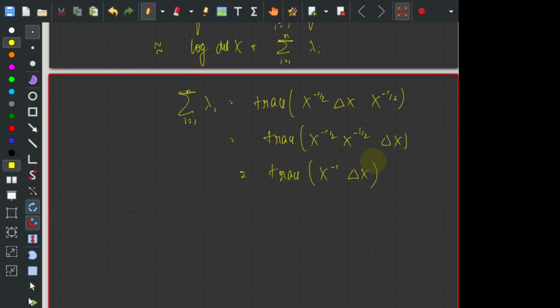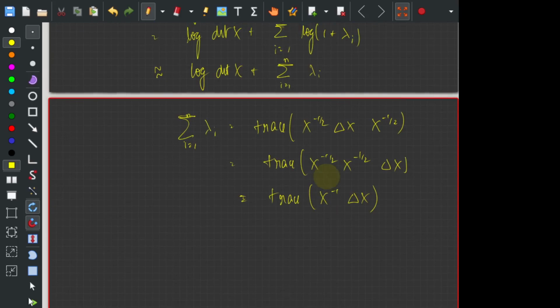Okay, so this is what we have, right? What can we say about f of x plus delta x? So this is equal to f of x plus this quantity, the trace, which is the inner product between x inverse and delta x.